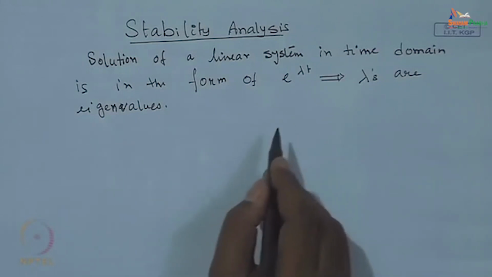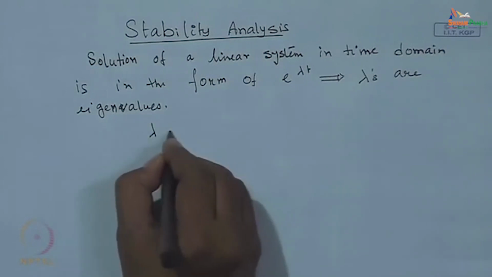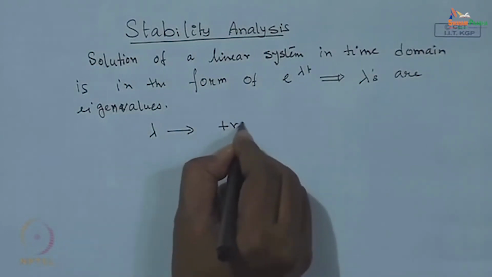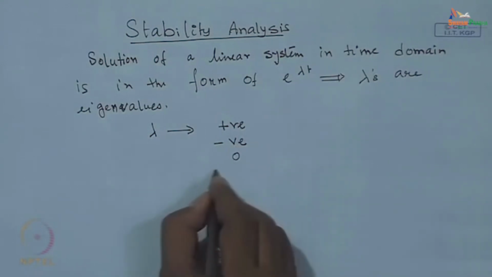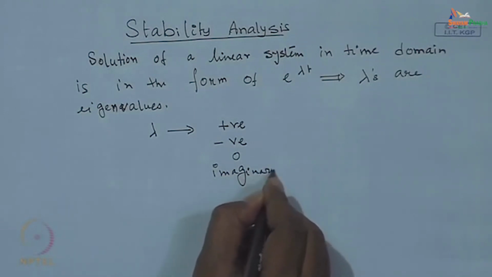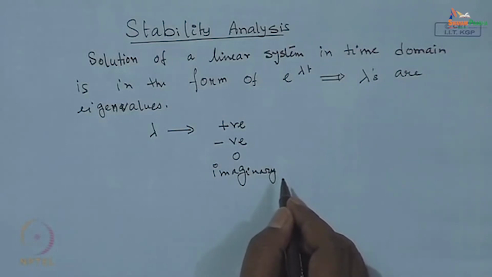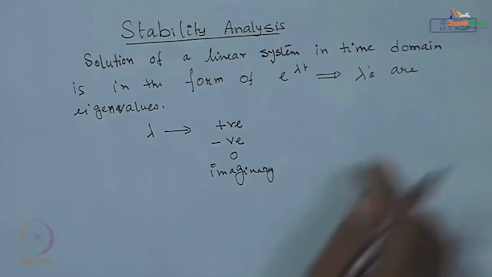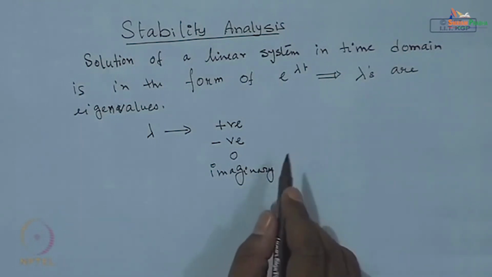Now, this lambda can be positive, it can be negative, it can be even 0, it can be imaginary. If it is imaginary, then of course, its conjugate will also appear. So, if there are two roots, then there is a possibility of having imaginary roots.